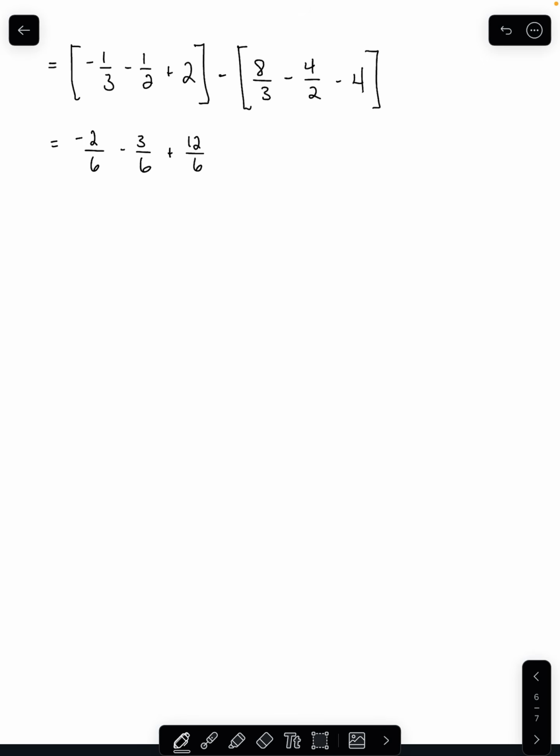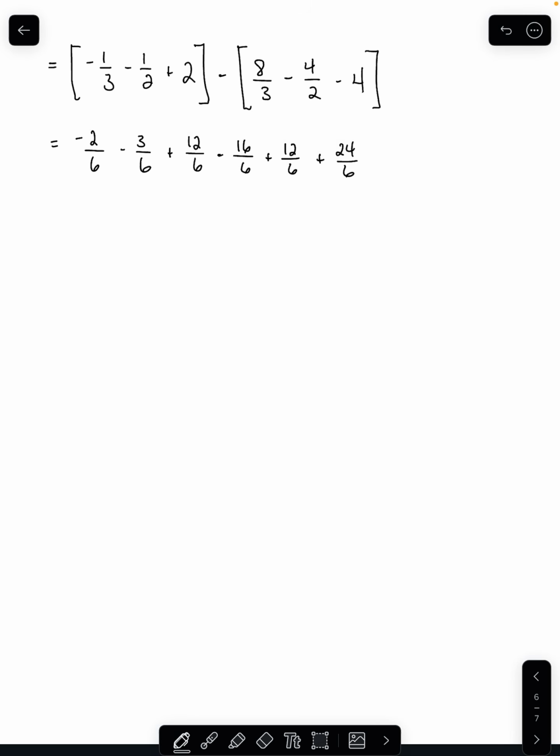Distributing the negative sign will give us minus 16 over 6 instead of 8/3, plus 12 over 6 instead of 4/2, plus 24 over 6 instead of 4.